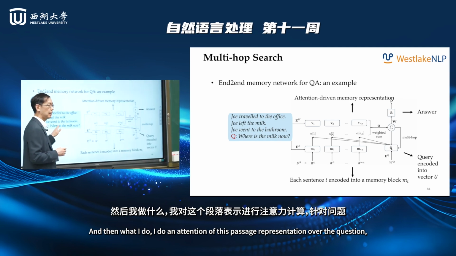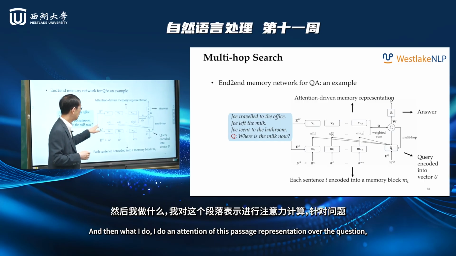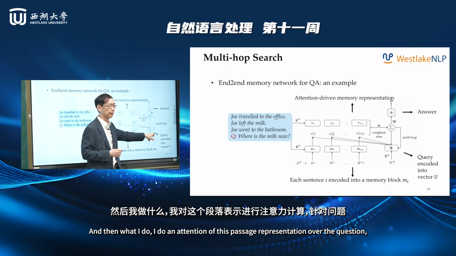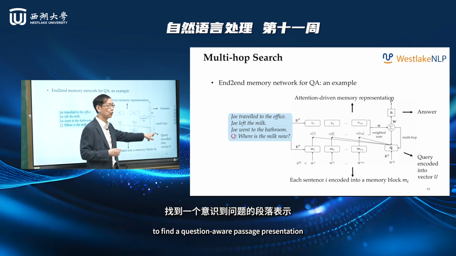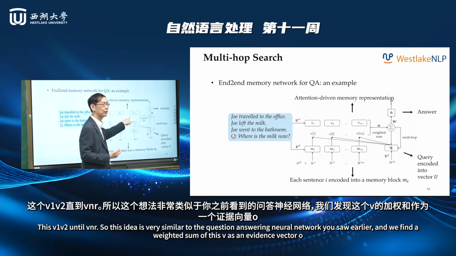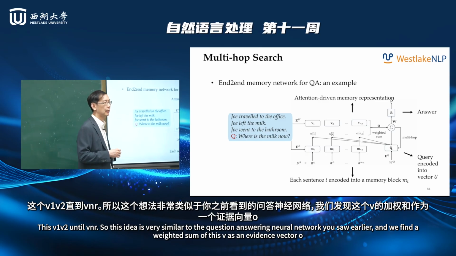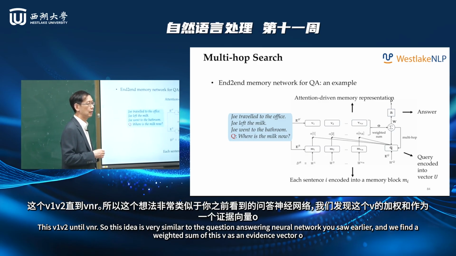I do an attention of this passage representation over the question, to find a question-aware passage representation, V1, V2, until VN. So this idea is very similar to the question-answering neural network we saw earlier.